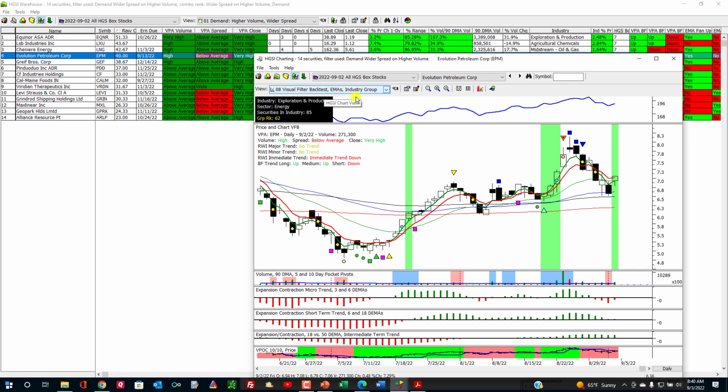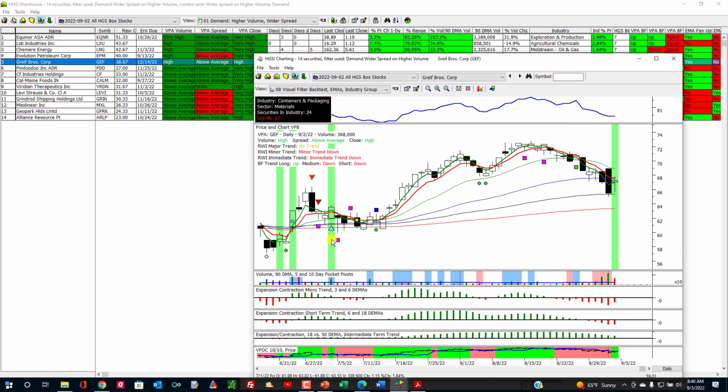So this is visual filter backtest chart, demand, nice run, showing demand again, nice run off of this demand scan here also. Didn't happen for a while. It tried, and then it contracted, and then it took off after that. So a delayed reaction. Here's a couple of demand scans on this one.